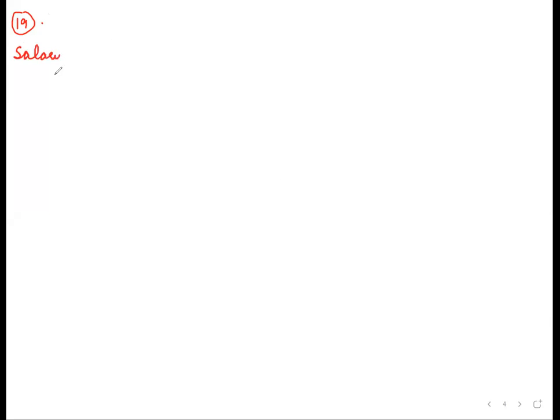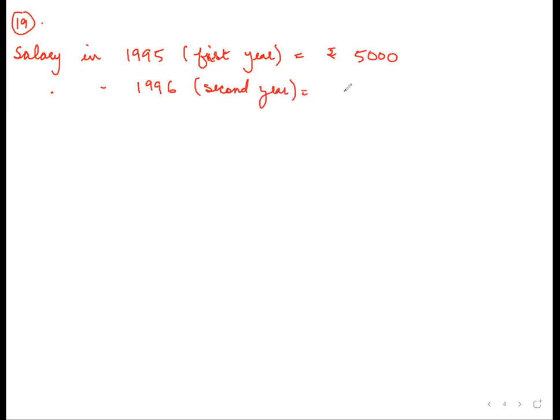Yes, ma'am. Okay, you can write salary in 1995, or first year. What was the salary? Rupees 5,000. Salary in 1996, or second year, will be rupees 5,000 plus 200, which is 5,200. Similarly for the third year, 1997, it will be rupees 5,400, right?